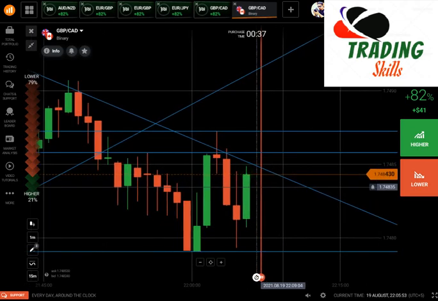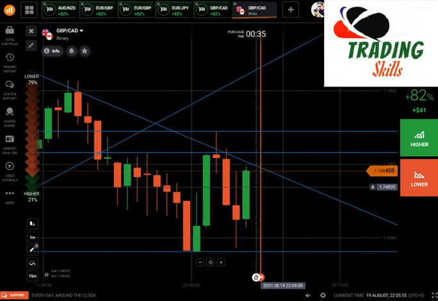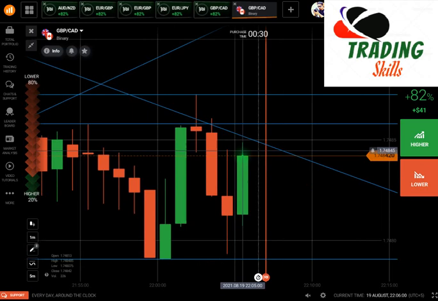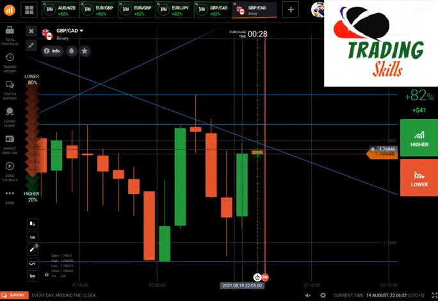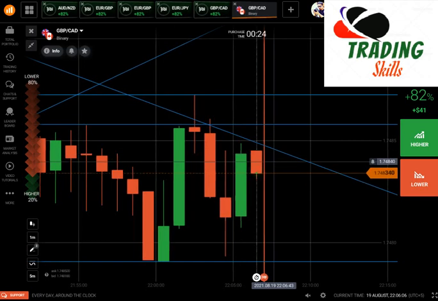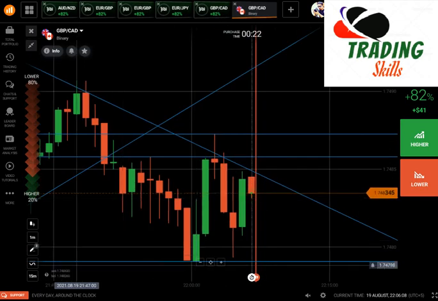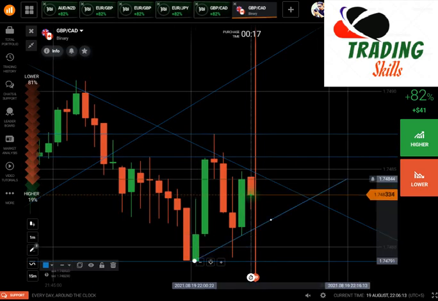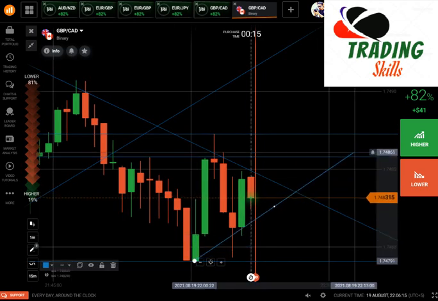I have drawn all the possible levels here. Okay, now you can see again I need to wait. I will wait here for the next candlestick, and now you can see here as per the price action this is the level.